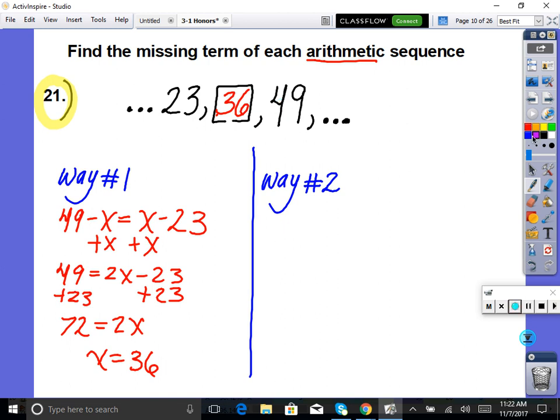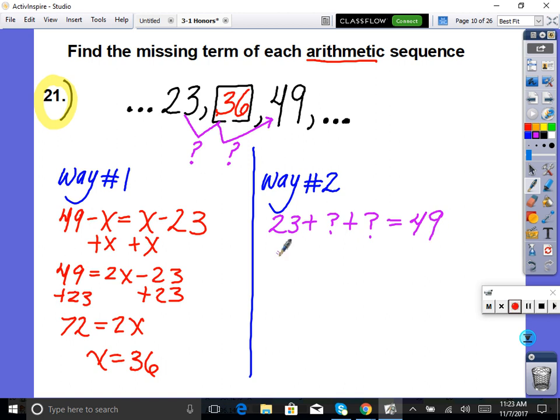So let's solve a different way. Now, look, set up a true statement. Isn't it true to say 23 plus something will equal that, plus that same something will equal that? So look at my statement: 23 plus question mark equals 49. Now we can solve for the question mark.